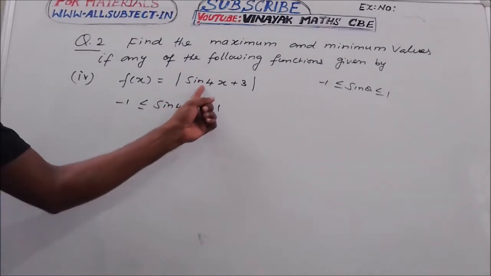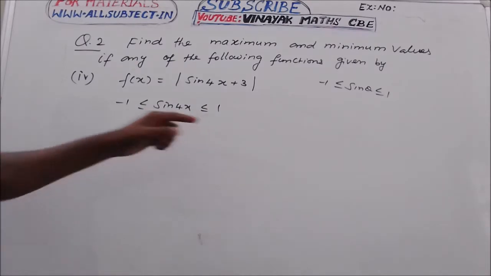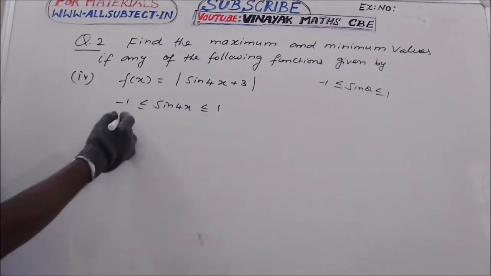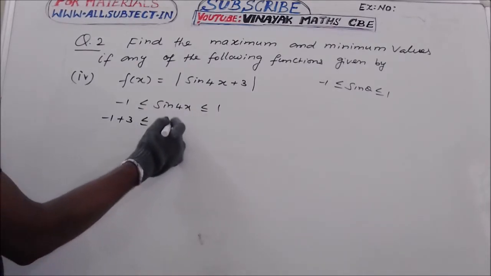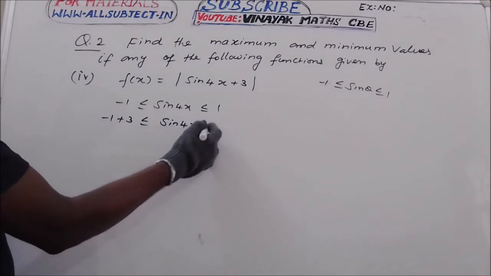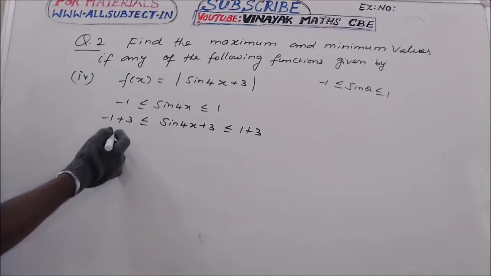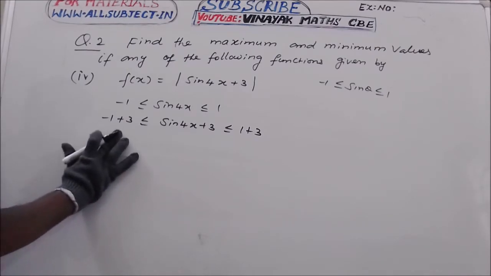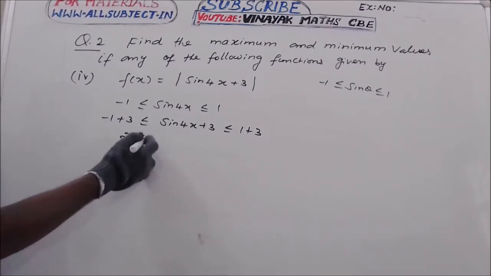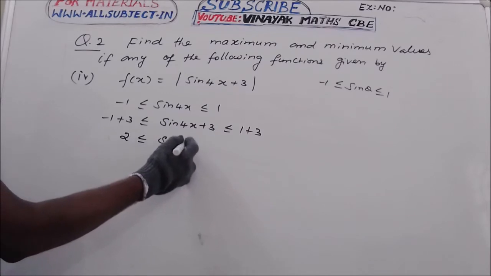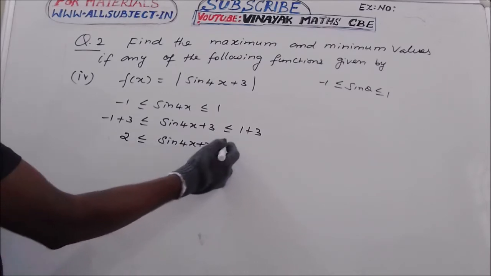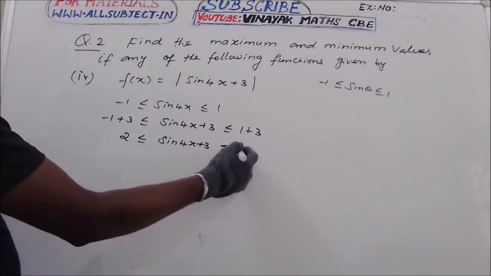Now we need sin 4x plus 3. So adding 3, minus 1 plus 3 is less than or equal to sin 4x plus 3, less than or equal to 1 plus 3. Simplifying, 2 is less than or equal to sin 4x plus 3, less than or equal to 4.